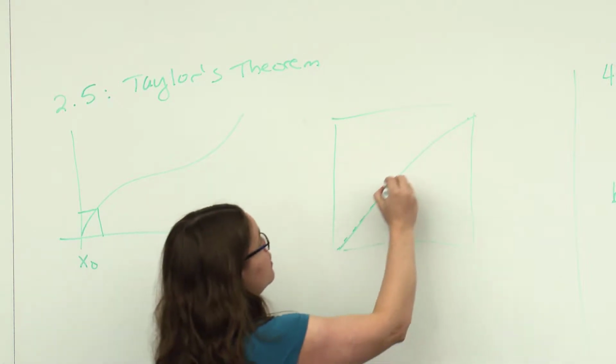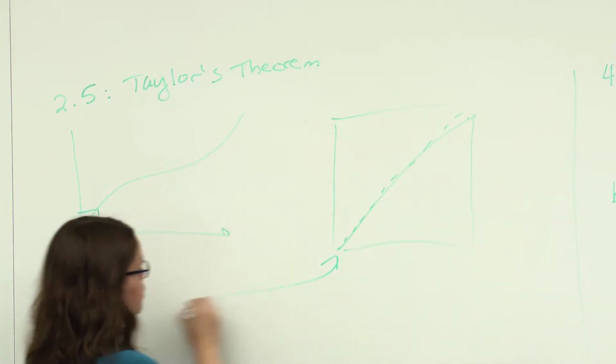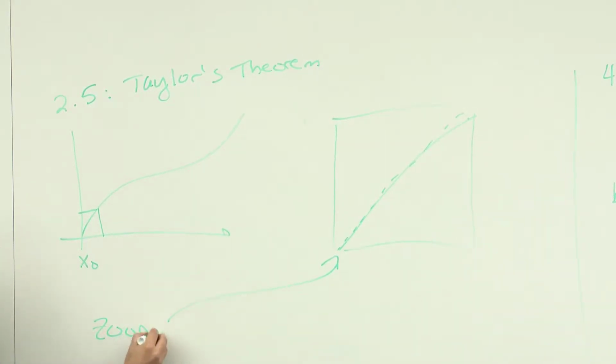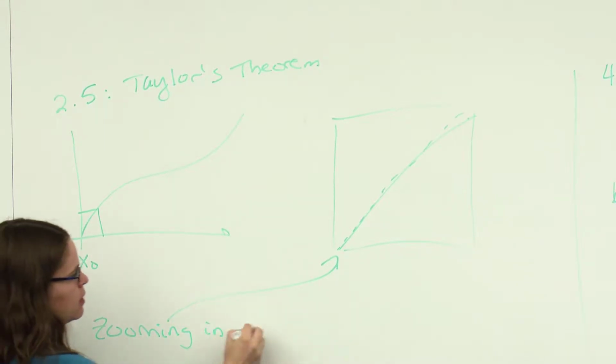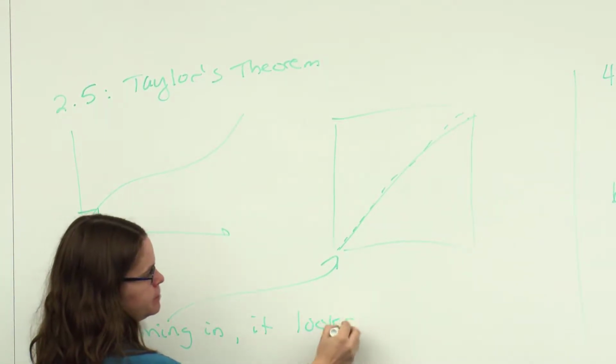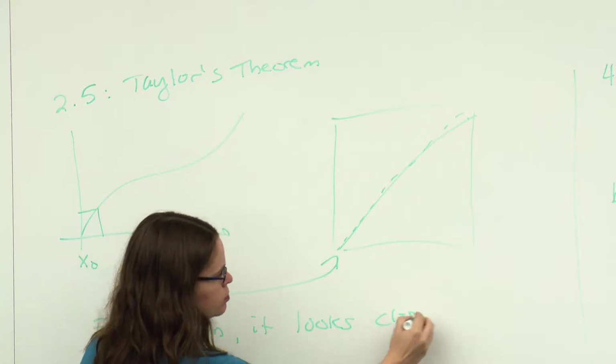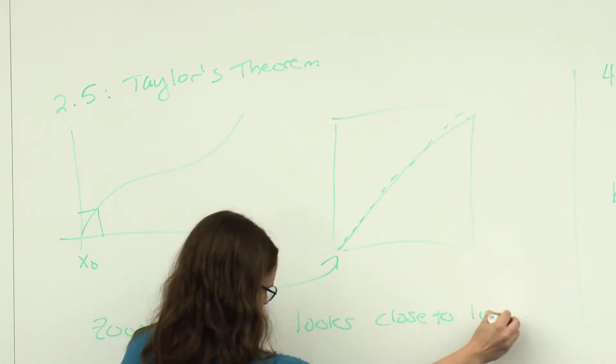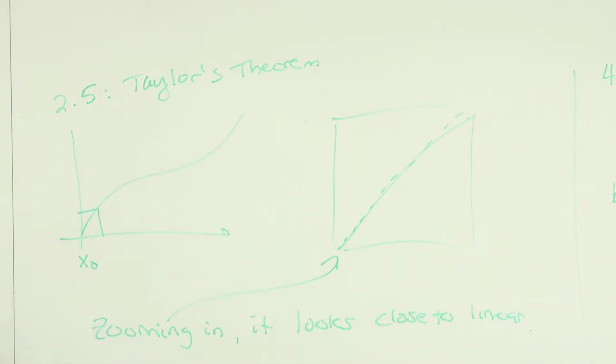So here, you might say, zooming in, it looks close to linear. Right, it's well approximated by a straight line. So maybe if we're just interested in the behavior of f close to x0, maybe we can find a straight line that would give us a pretty good result and would be a lot easier to work with than a complicated function.